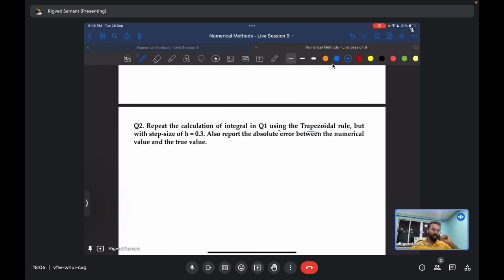Now it is telling you the h value, which is 0.3. The initial value is a = 0 and b = 2.7.